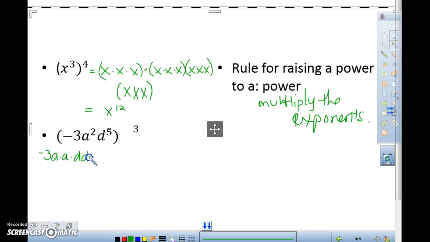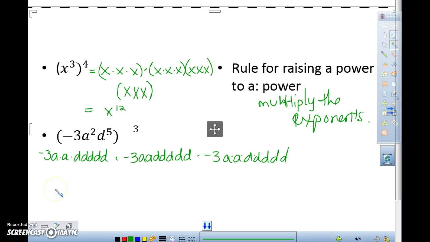And then 5 d's, 3, 4, 5. So that counts as 1. I have to write it 2 more times. And this is all multiplication in here.